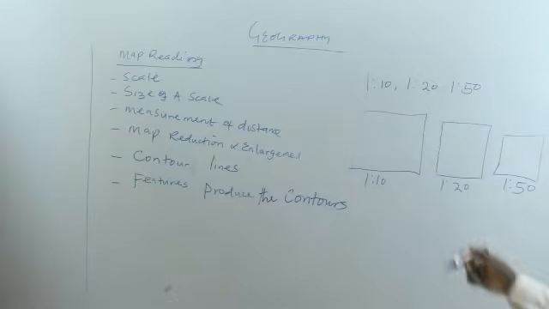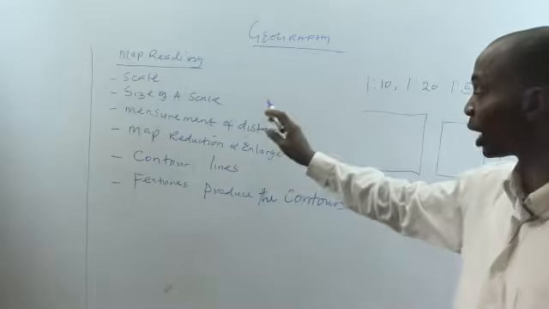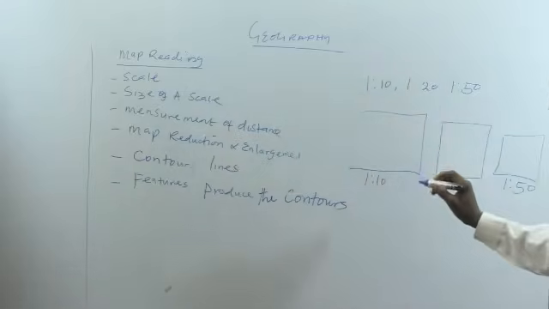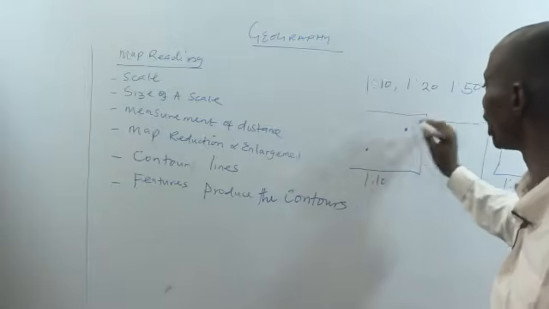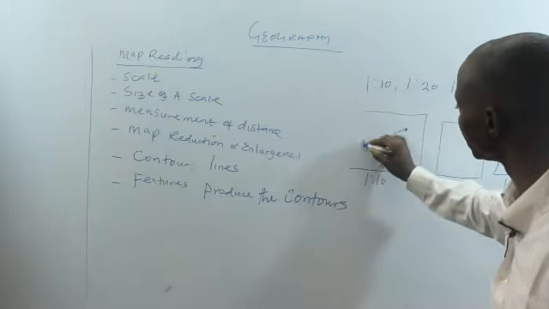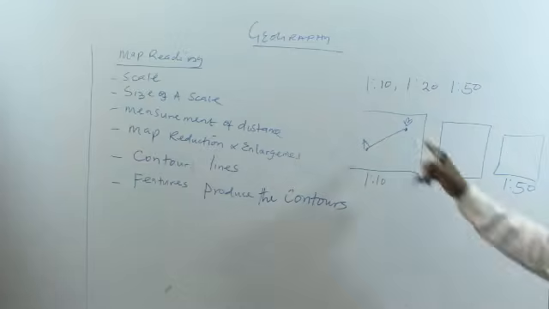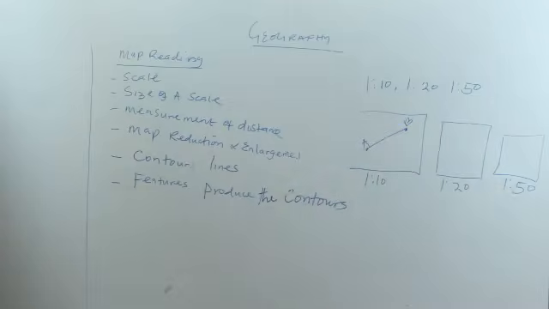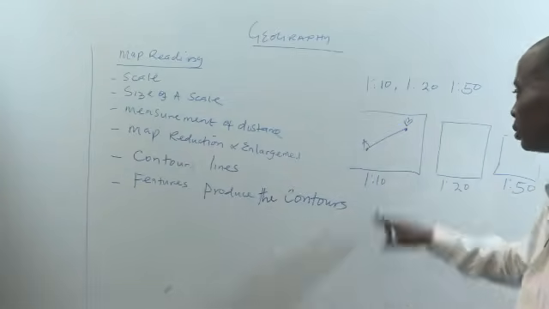If you have this at the back of your mind, when you get to measurement of distance, you can apply this formula in taking measurement. For instance, when you have 2 points on the map, this is point A, this is point B, and you are asked to calculate the distance between point A and point B using your scale.